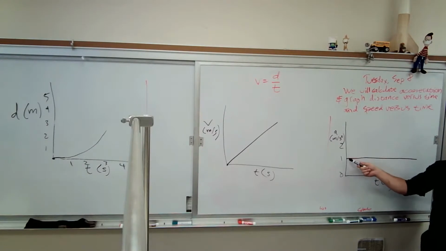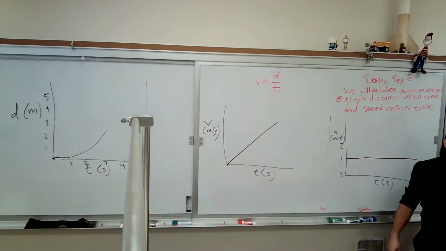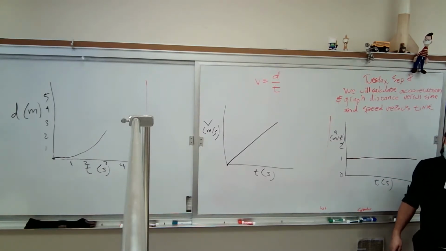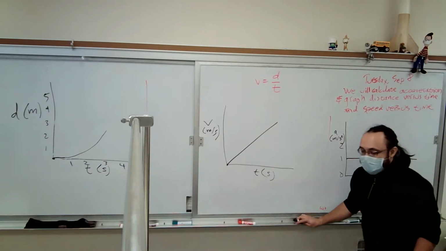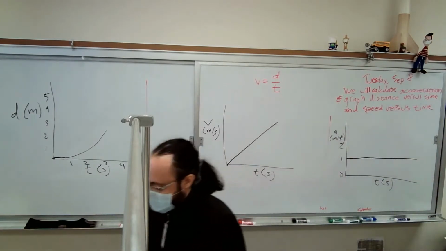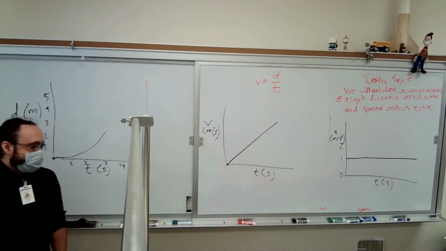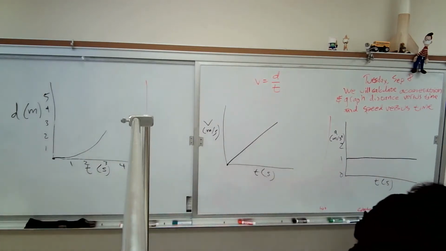Its acceleration would be 1 meter per second squared the whole time. We're not going to have increasing acceleration in here. It's not ever going to go up on the acceleration graph because that just makes it too complicated. Acceleration can increase, but we don't need to do that.